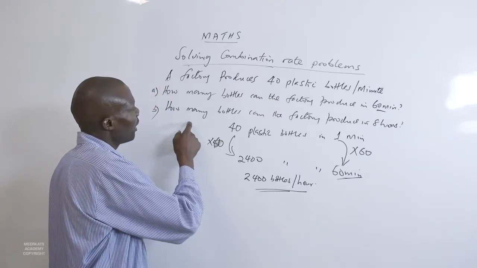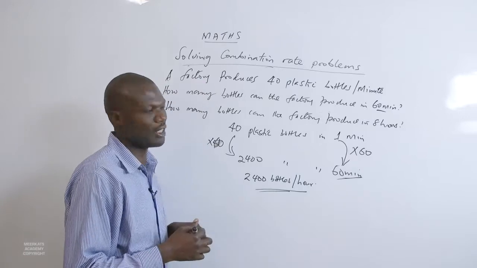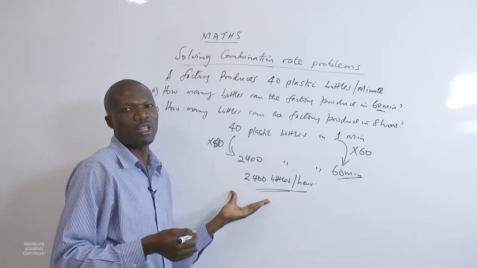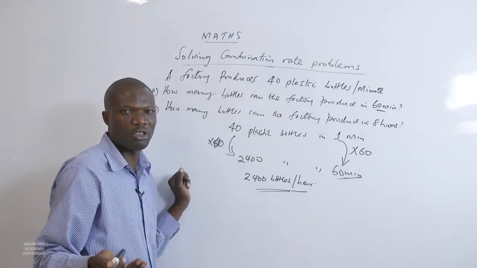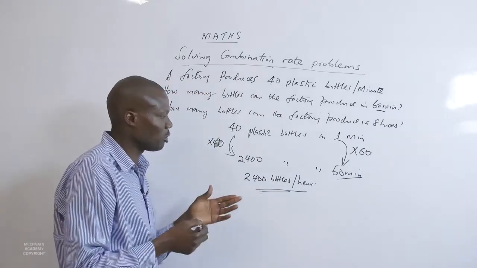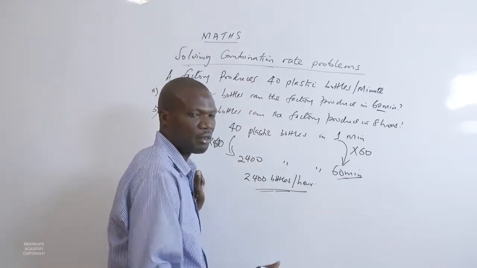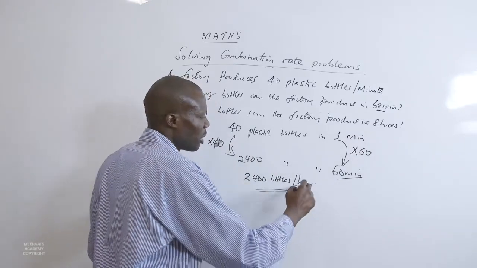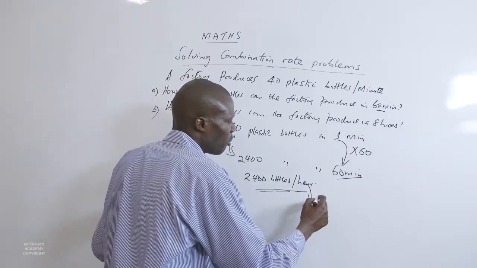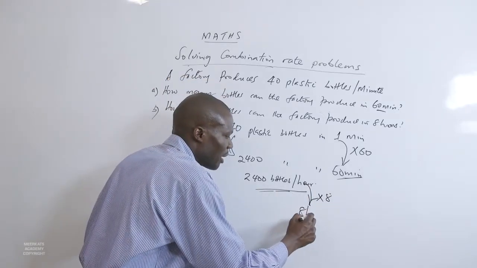The question goes ahead and asks us to find how many bottles would be produced in 8 hours. If we have come up with the rate per hour, then for 8 hours it's not going to be a tough approach, because we already have an hour. So on the right hand side where we have the hour, it has been multiplied by 8 to give us 8 hours. So we are being asked how many bottles we would get in 8 hours.